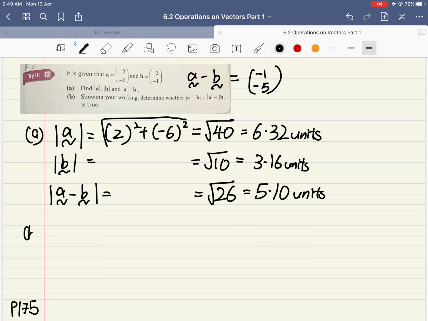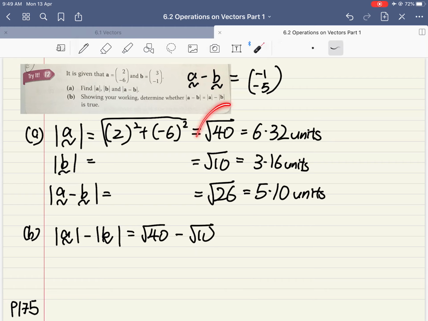Let me just do some simple calculations. Magnitude of A minus magnitude of B is root 40 minus root 10. So where am I getting all these values? They are here and they are here. What I will get here is 3.16 units.